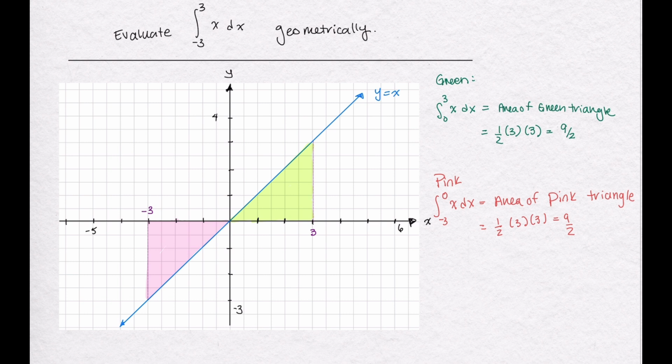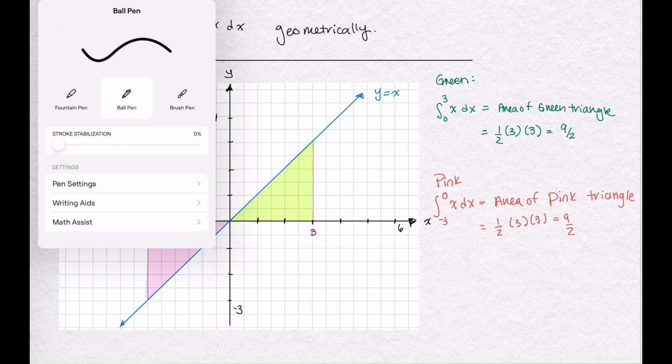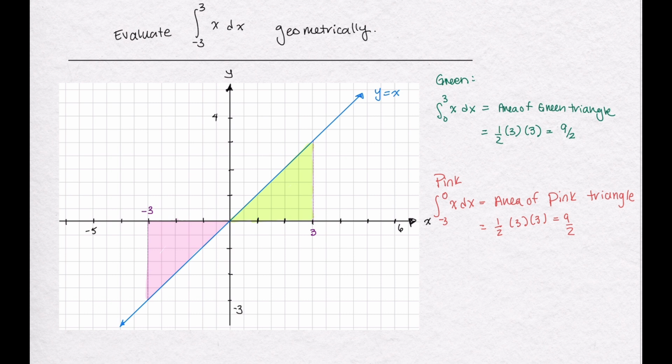The thing is, when you're evaluating integrals, area above the x-axis is positive. And when I say positive area, I mean positive signed area.